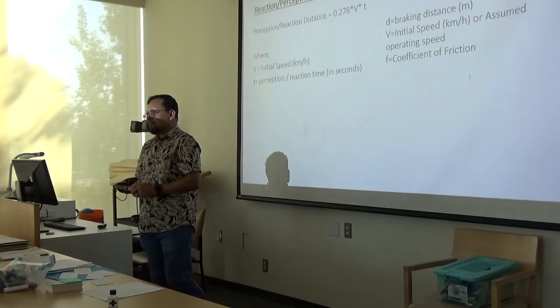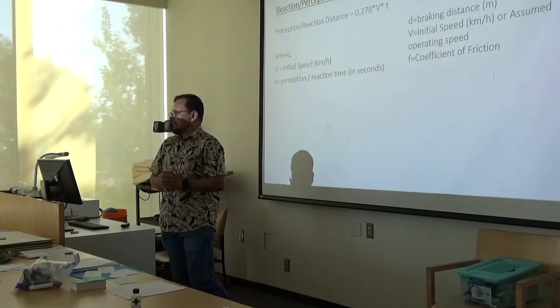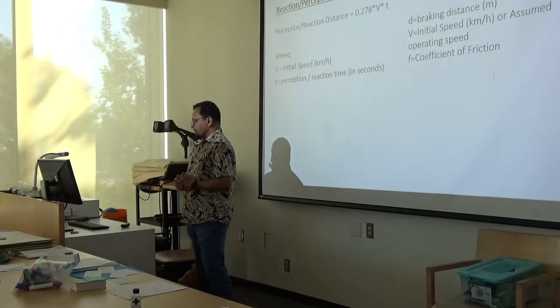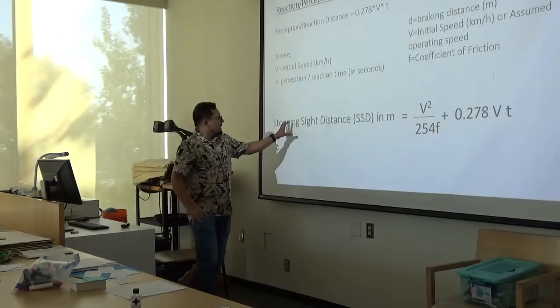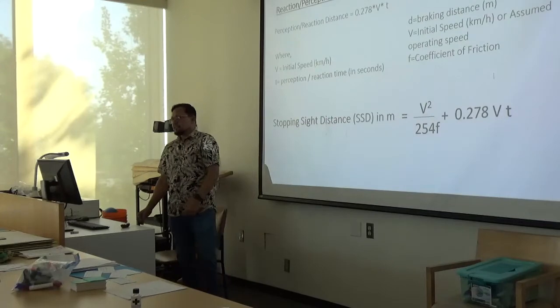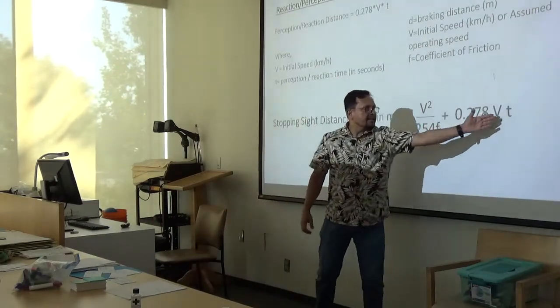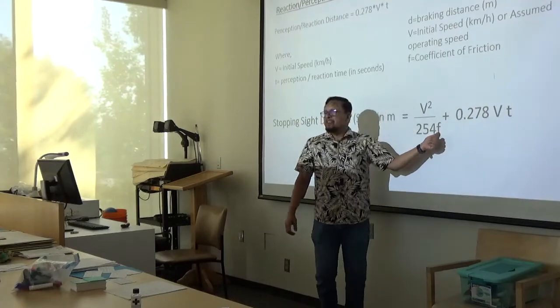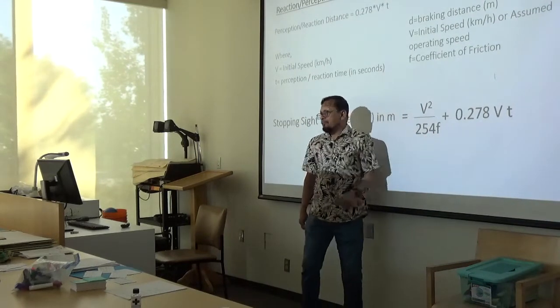Yesterday I mentioned that the manual gives different friction factors for different speeds. So I give you a sheet. If you add these two, you will get the stopping sight distance. You already know V is the speed of your vehicle and T is the perception time, and the friction factor will come from the TSC manual.